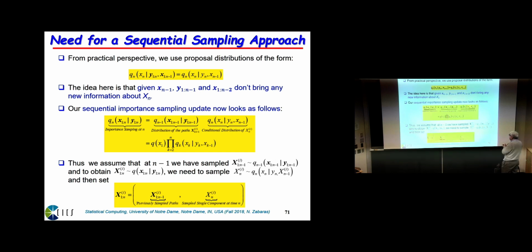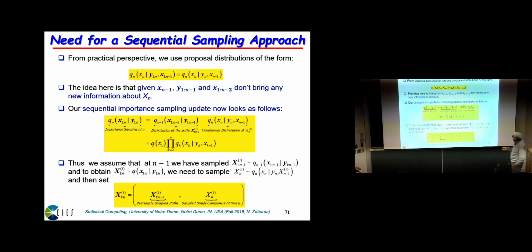And if you think about it, it makes sense, right? Because if I know the state xn minus 1, that includes everything about the data I collected up to time n minus 1, all right? So I don't really need to keep track of that because of conditional independence. So Qn basically can be a function only of yn and xn minus 1.